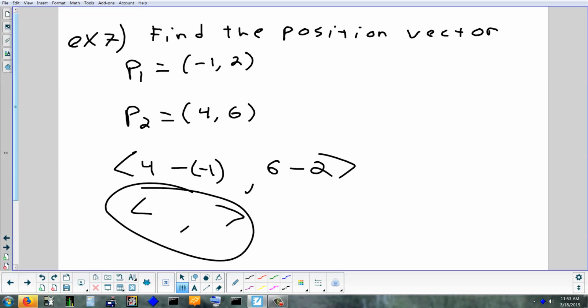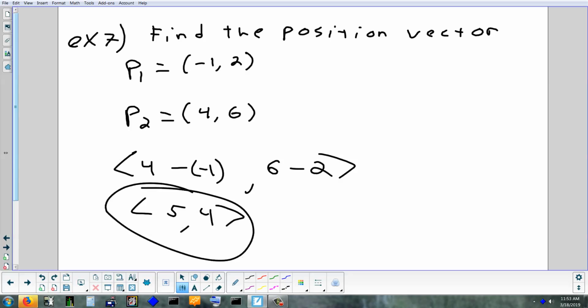Okay. So Kathleen, when I do that out, what do I get for a vector? 5, 4. So that means if you started at the origin, it would end at the coordinate 5, 4. 5 right, 4 up from wherever you start.